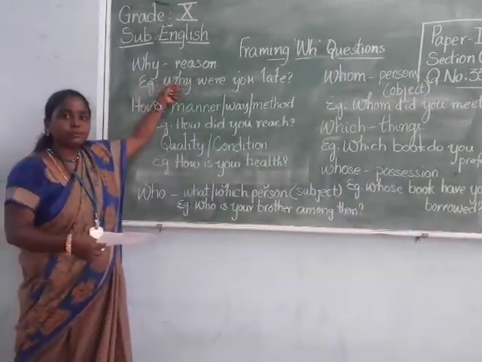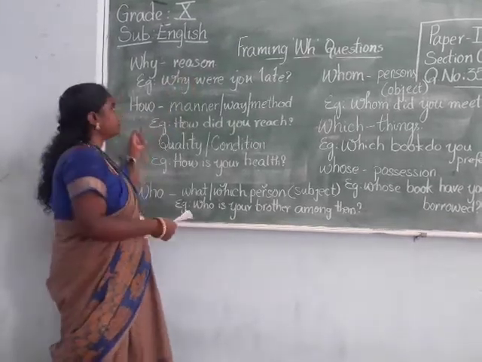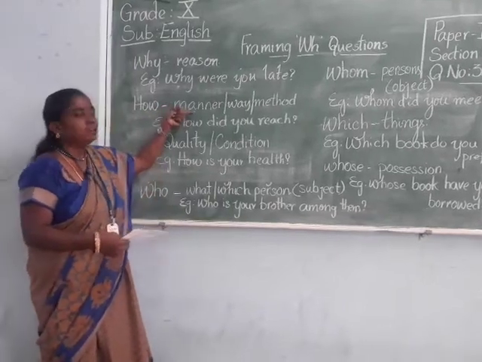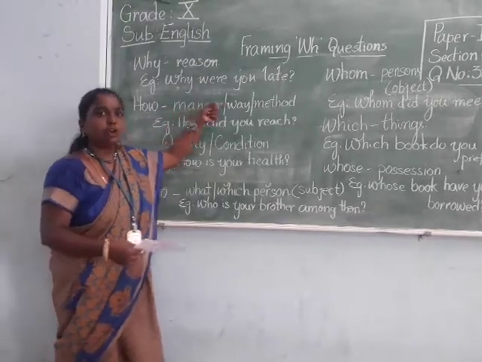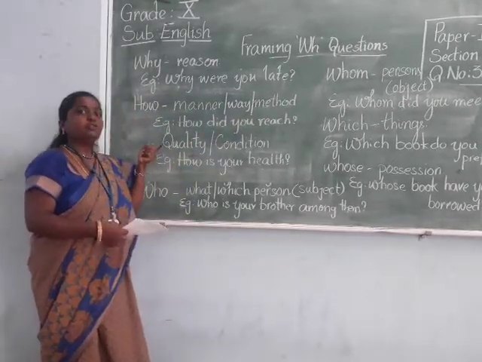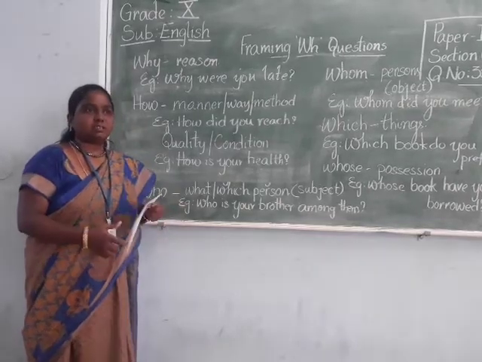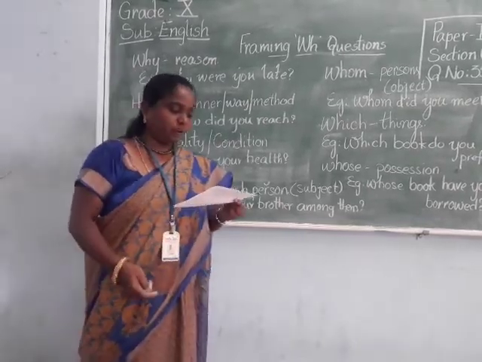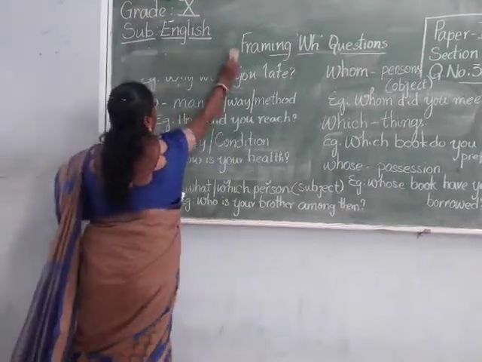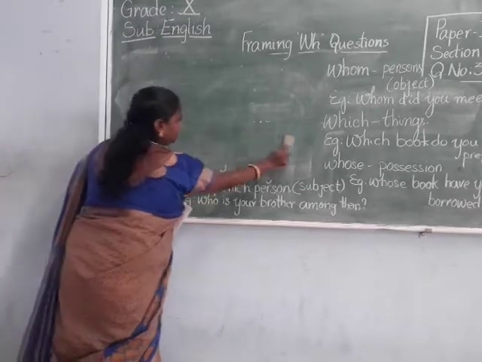Why is used to know about the reason. How is used in two ways: to know the manner or way or method, and to know about the quality or condition. Next, how is also used with some adjectives or adverbs to know some more information.